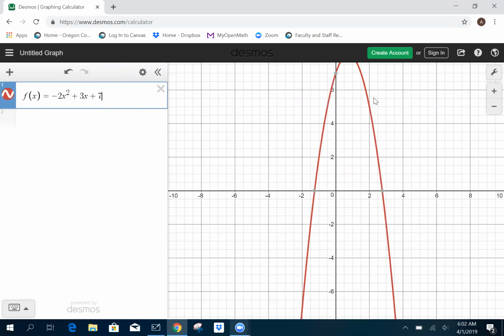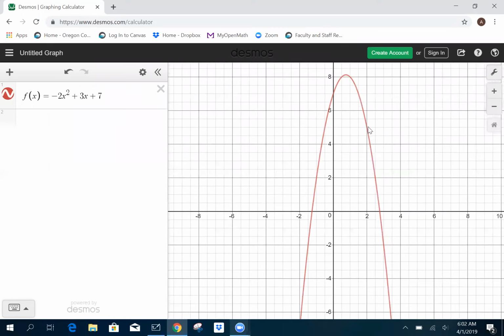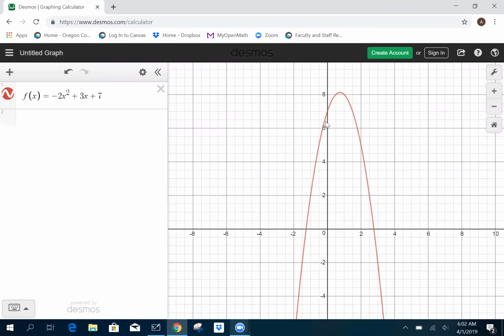What I want to do is find f of negative 1. There's a couple ways to do this. I can look at the graph, and here's negative 1. It looks like it's crossing at 2. And I can verify that using the table feature.